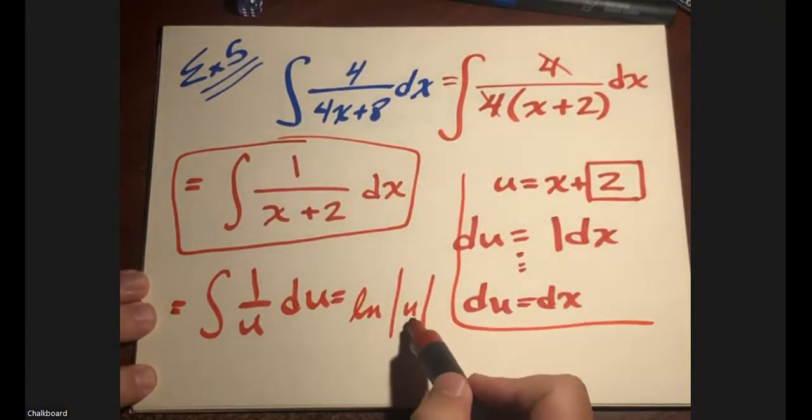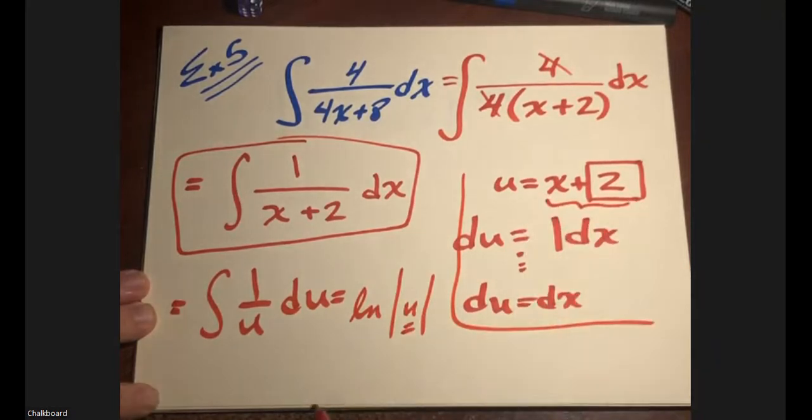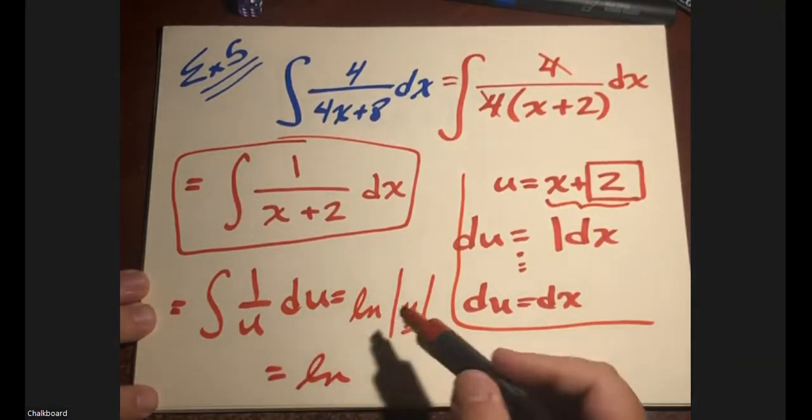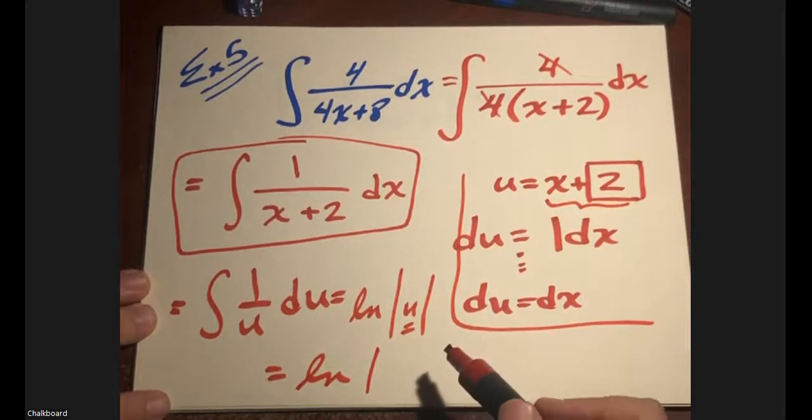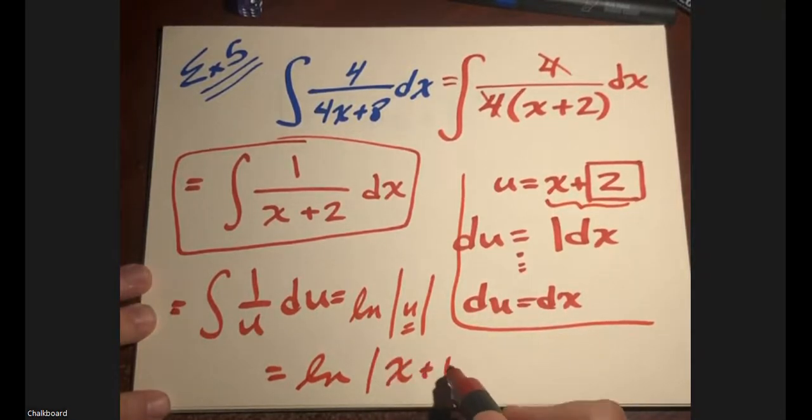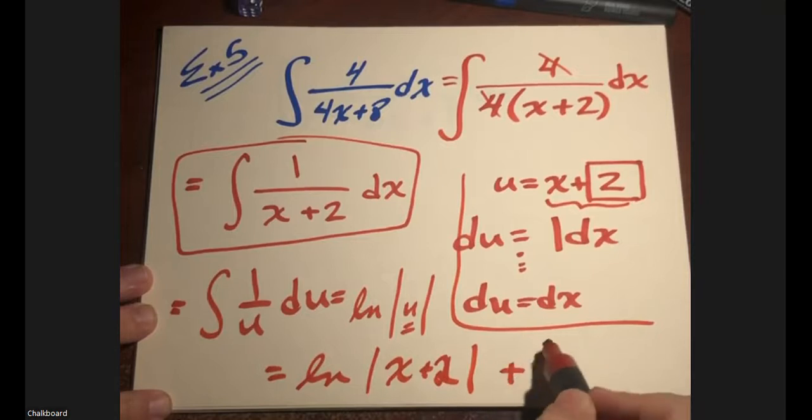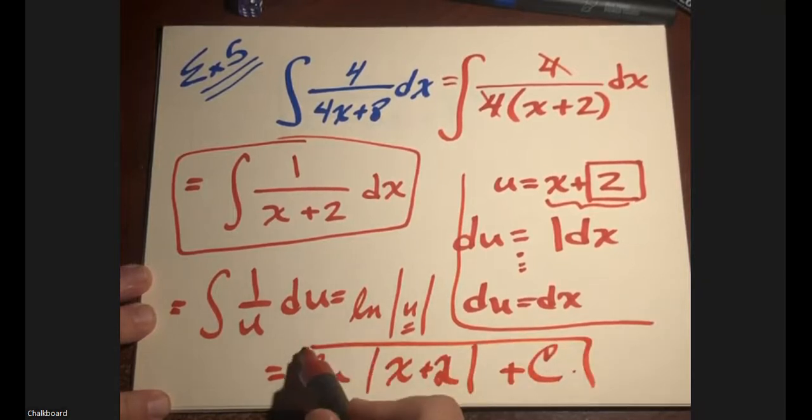And then you go and substitute into u this expression, and your final solution is the natural log of the absolute value of x plus 2. But then don't forget your plus c because it is an integral.